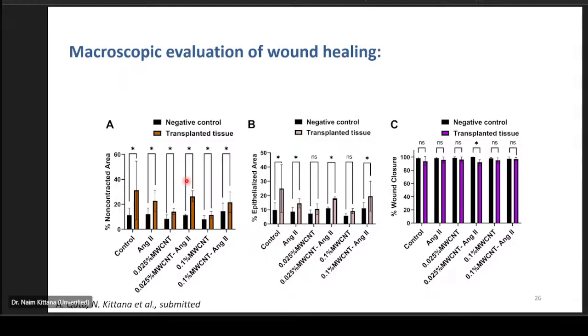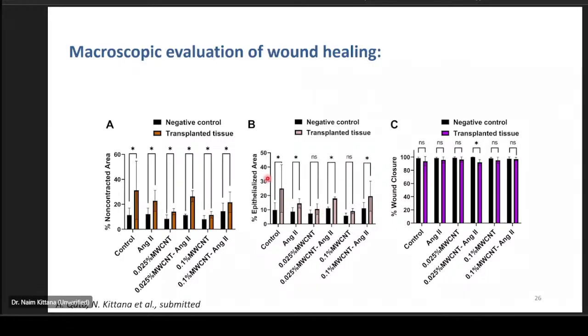So wound contraction on one side is useful to accelerate wound healing, but on the other side, it can disfigure the shape of the skin. Since we reduced the wound contraction, we consider this a positive effect, as it will reduce the scarring of the tissue and the tissue will heal with better outcomes.